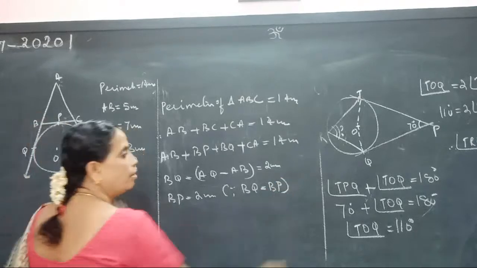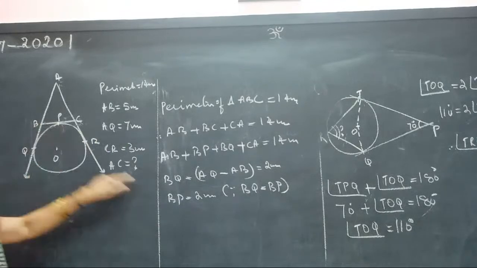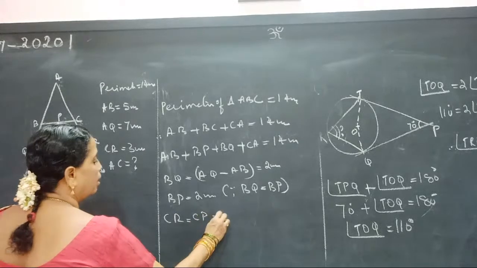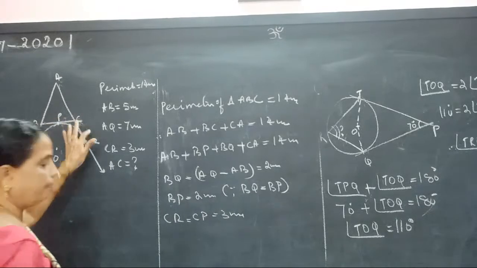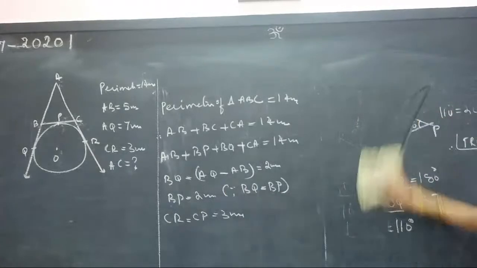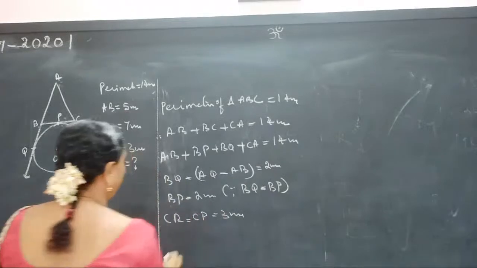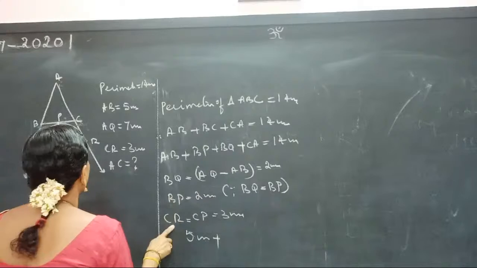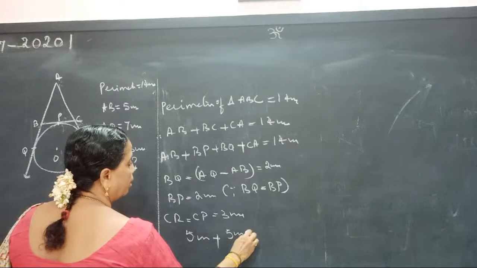This is also one more question. Logically you have to consider and write the answer. So BP is 2 centimeter, CR equals CP equals 3 centimeter. So we can get BC. And further, AB is 5 centimeter and BC as BP plus CP, it is 2 plus 3, 5 centimeter.